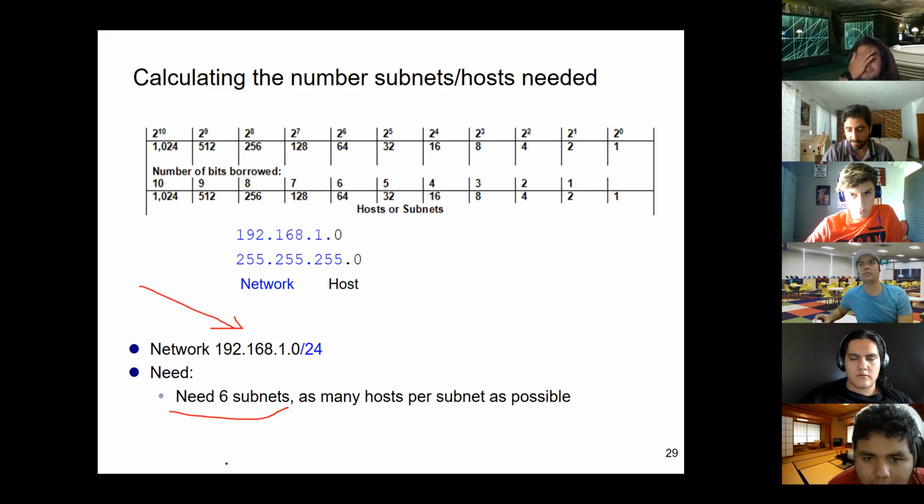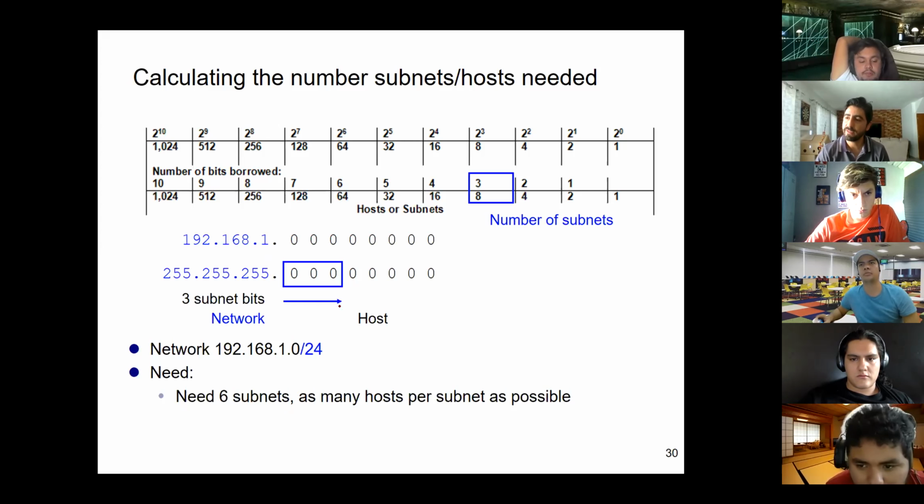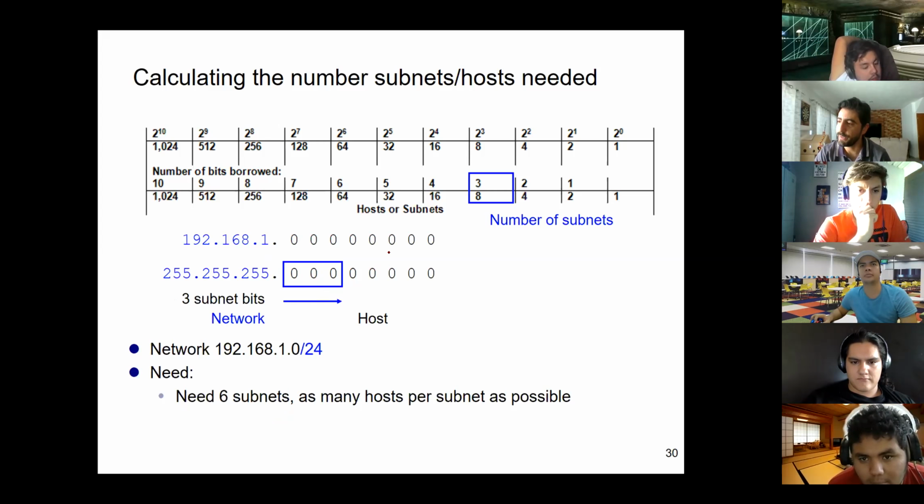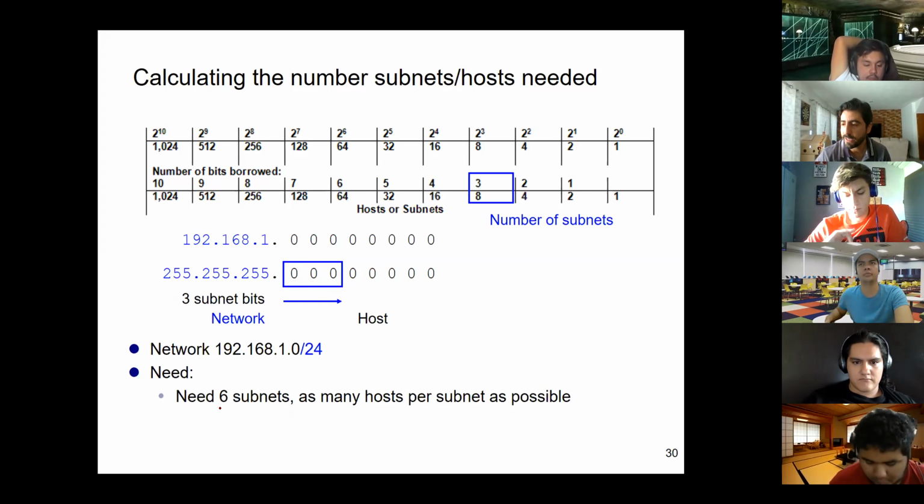Exactly. But remember, now you're separating from this part, the first 3 bits. You're not going to do these first 3 bits here, because that's a host part of it. So you say, I want 6 networks, because I have 6 different offices, and I want to give each one of them one network. So I need 3 bits for my 6 subnets.